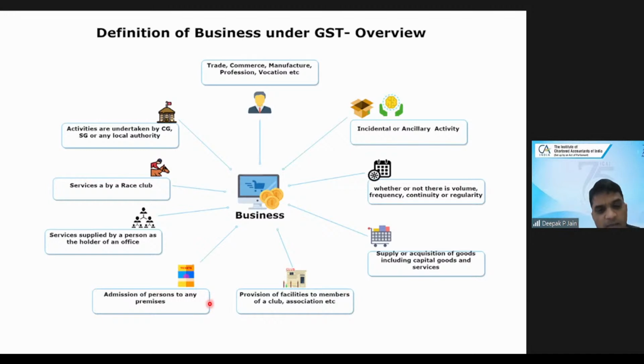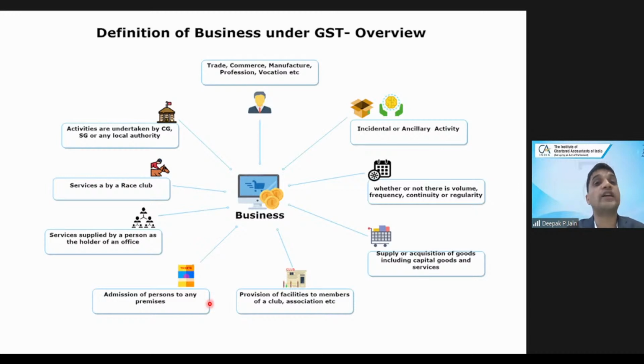Then, services supplied by a person as holder of an office. Normally, we understand that if any service is provided, it is a supply transaction. But here it says service supplied by a person as a holder of office. What do you mean by holder of office? Say there is an independent director appointed in a company. This independent director is not holding any shares and is not involved in the business.